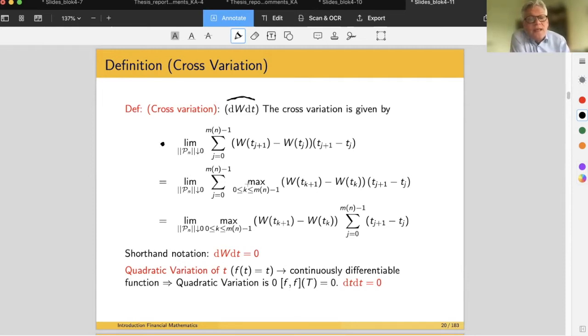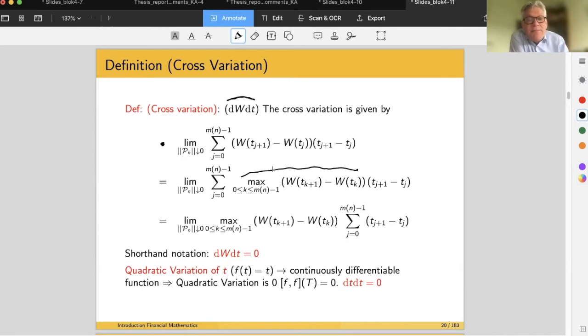So for some k between 0 and the number of elements, the term W_{t_{j+1}} minus W_{t_j} is replaced by the maximum over all these elements of W_{t_{k+1}} minus W_{t_k}. We replace it by the maximum.